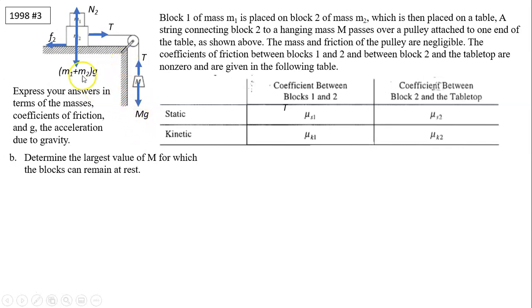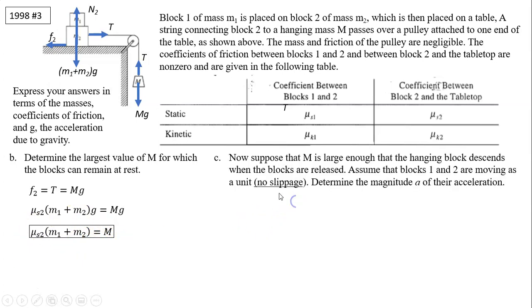That maximum value corresponds to the maximum of F2. Then F2 equals mu s2 times N2, which is (M1 plus M2)g, and that equals Mg. So from here, you can solve for the maximum M so that the whole system is at rest.